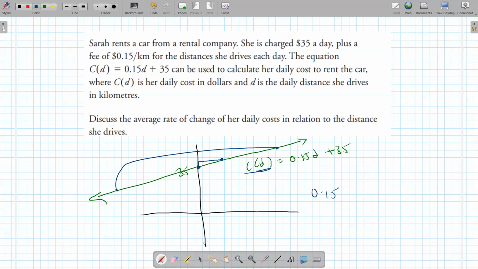So on the y-axis, we have C of d, which is the cost, right? It says cost. On the x-axis, we have the daily distance in kilometers. So here it's dollars, here it's kilometers. So what's the unit of the slope?